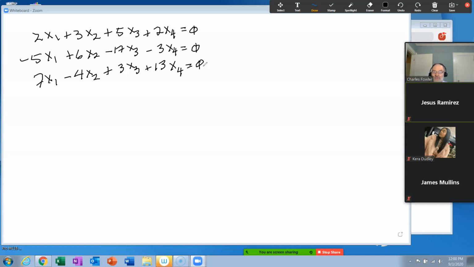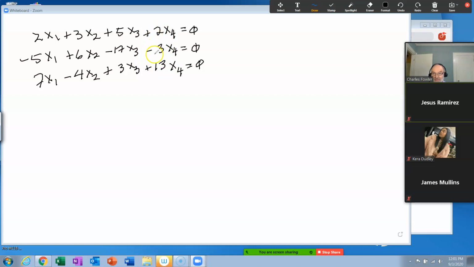But if you were going to do a Gaussian or Gauss-Jordan elimination, which I hope we're not, we'd wind up with a 1 here, zeros below it, may wind up with a 1 here, and zeros above and below it there. We may wind up with a 1 here with zeros above it, but then we'd have arbitrary numbers here.